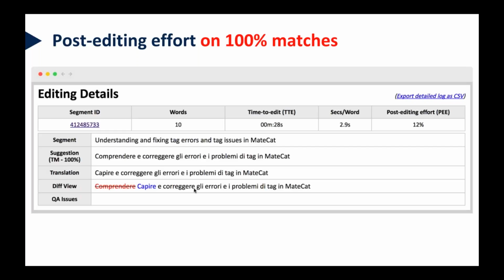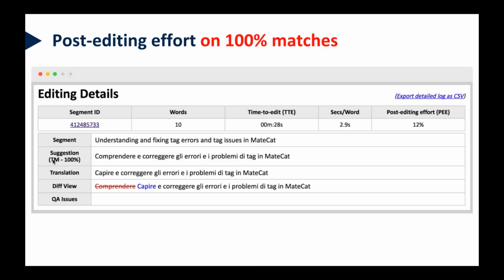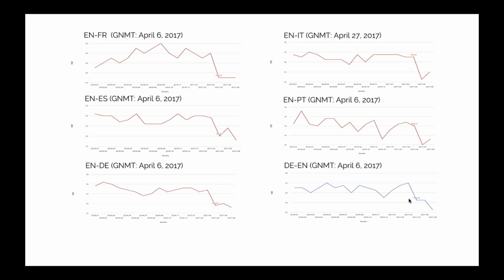The fact is, if a translator thinks that a 100% translation match, so a match that was actually confirmed by a human translation, is 11%, 12%, and if at some point the machine translation will lead the average post-editing effort to be 11%, well, I'm not sure if it's clear, but this means that the machine will be able to produce human-like translations.